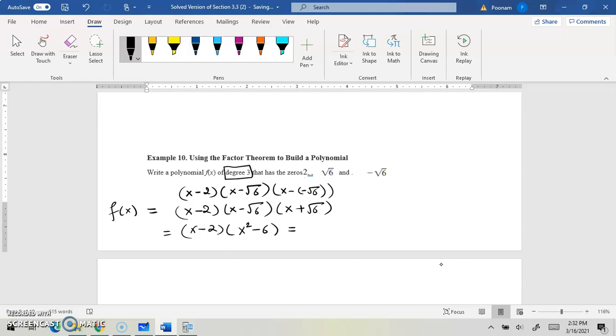This can be distributed: x cube minus 6x minus 2x square plus 12. So in the standard form, my polynomial is x cube minus 2x square minus 6x plus 12. This polynomial has the zeros 2, root 6 and negative root 6 because of the factors here.